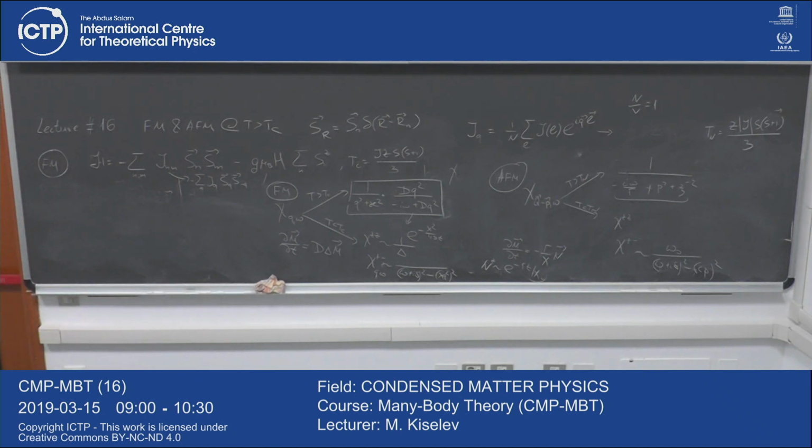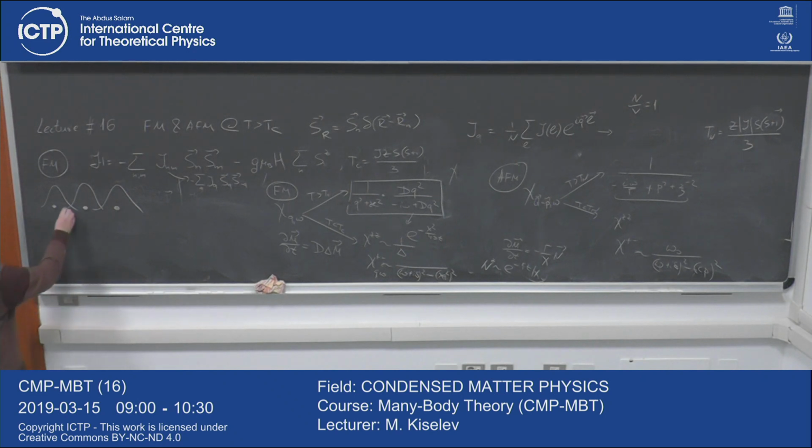Let's now go back to the lattice and assume that there is a tight binding approximation. So the wave function of electrons is localized around the lattice site.